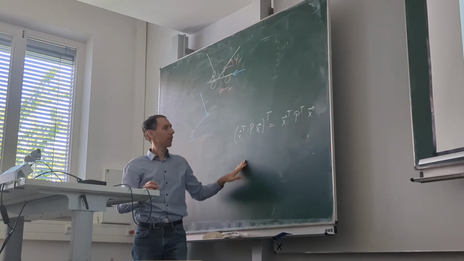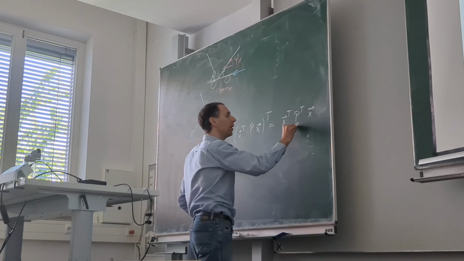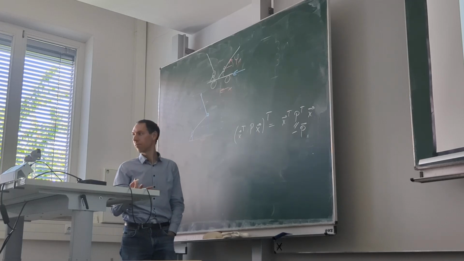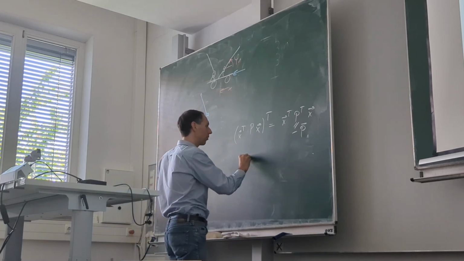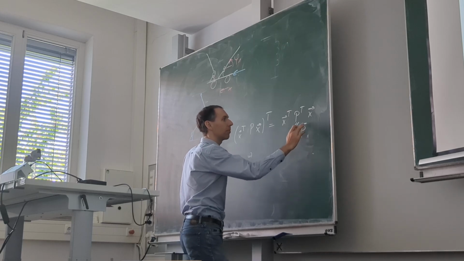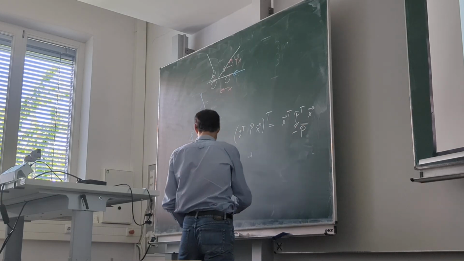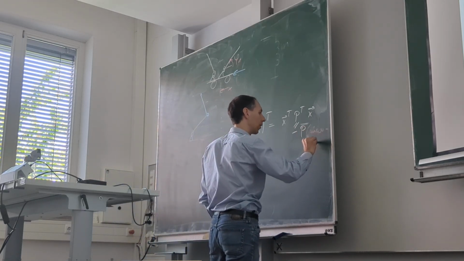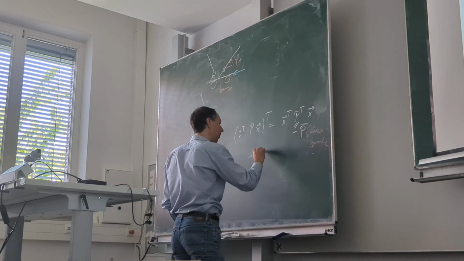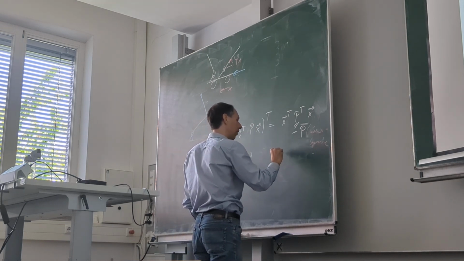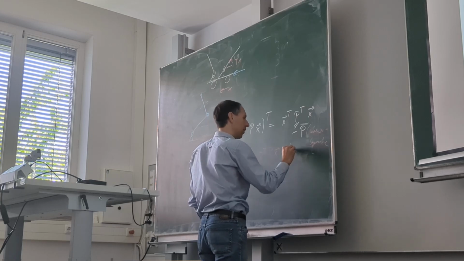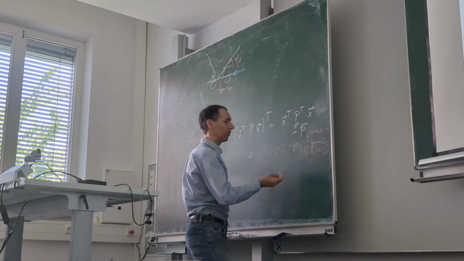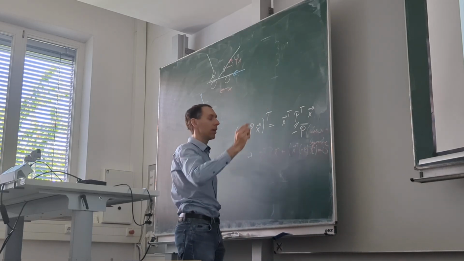Thus, if P transpose is minus P, skew symmetric, then x transpose P x plus x transpose minus P x is 0. They both add up to 0.